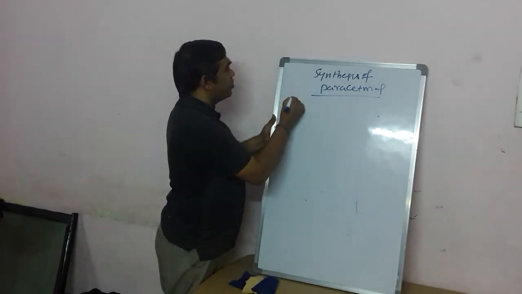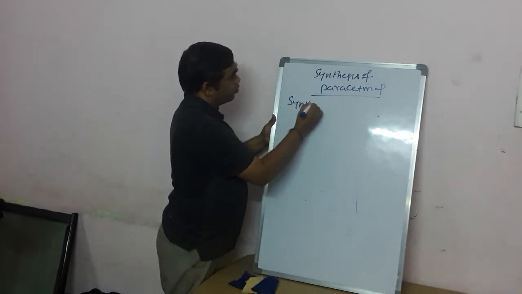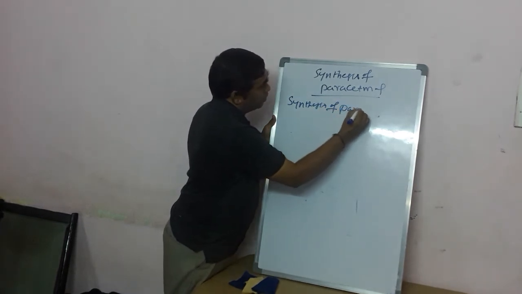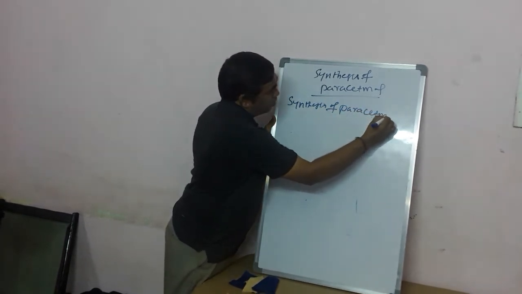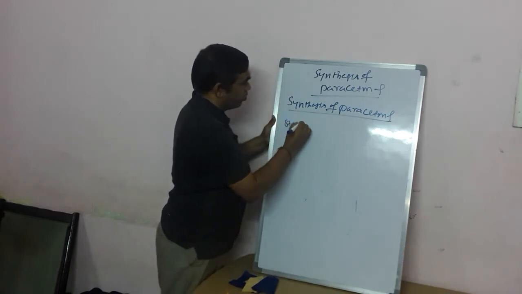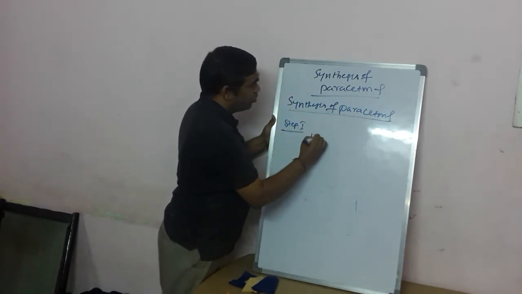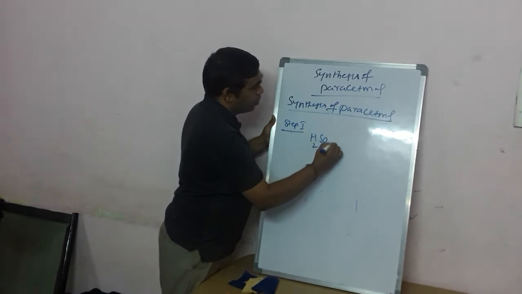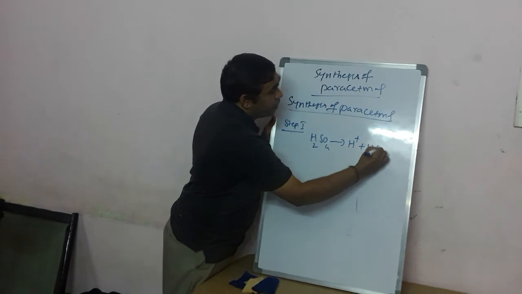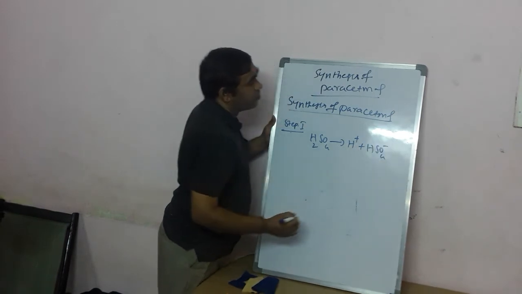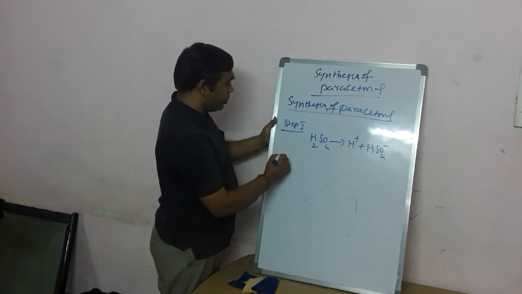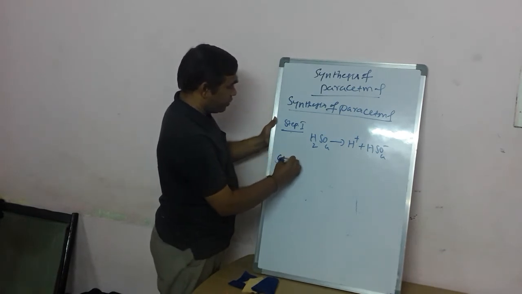Synthesis of paracetamol. Step 1: H2SO4 undergoes dissociation, releasing H+ ions and HSO4- ions. These H+ ions initiate the chemical reaction.